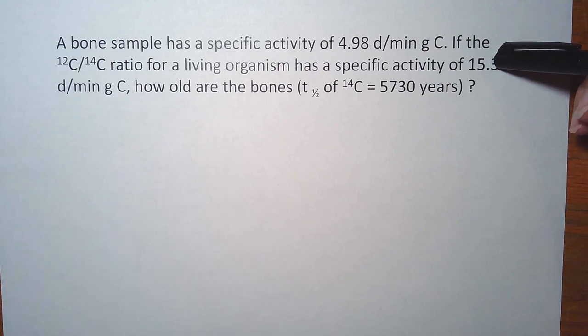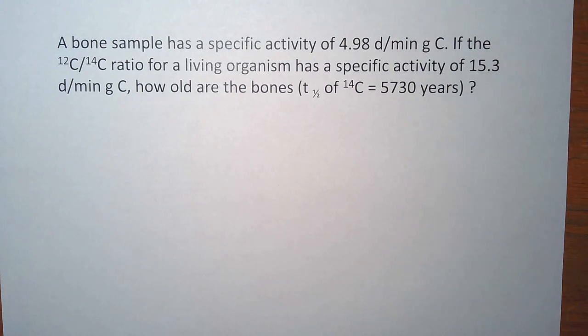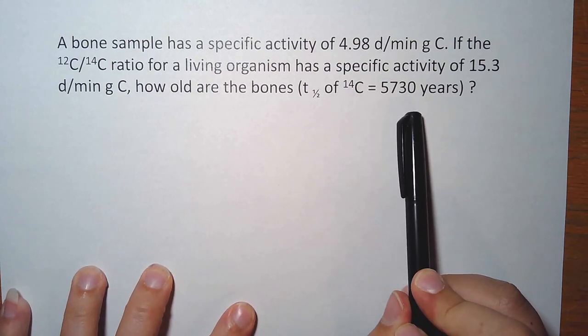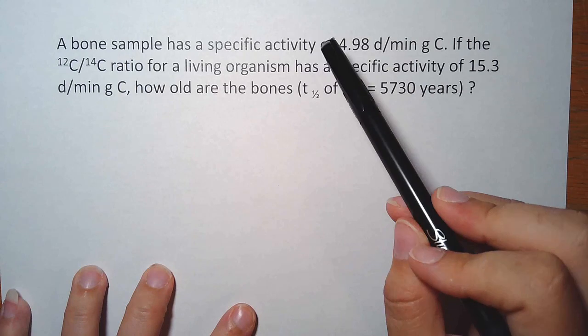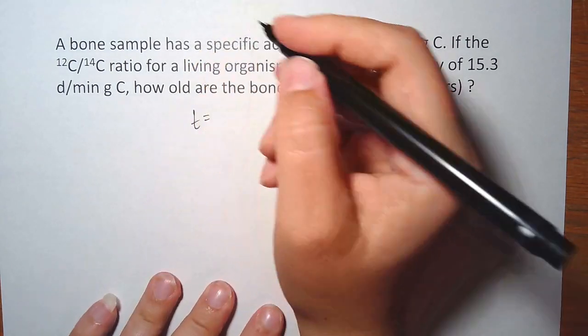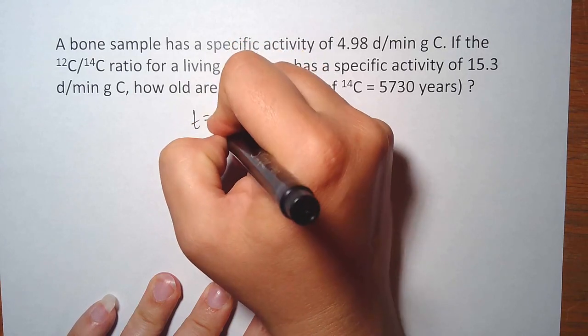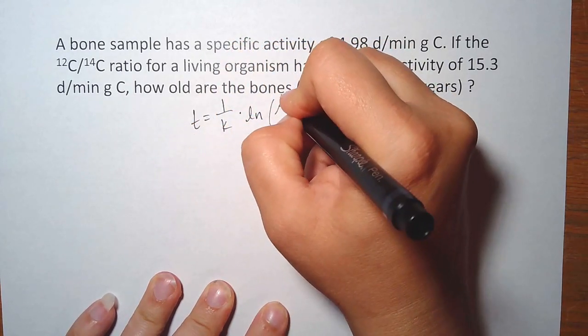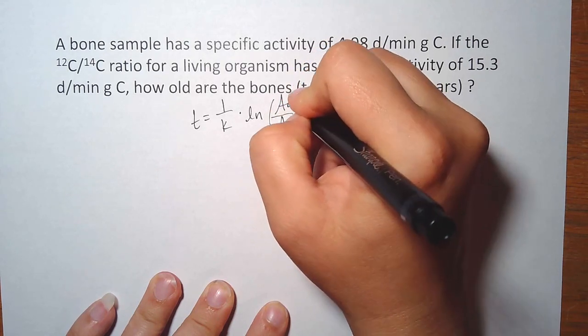Alright, so we have the half-life of carbon-14, and we have our specific activities. Alright, so here's our equation. 1 over k times the ln A naught over A t is equal to the age of the bone.